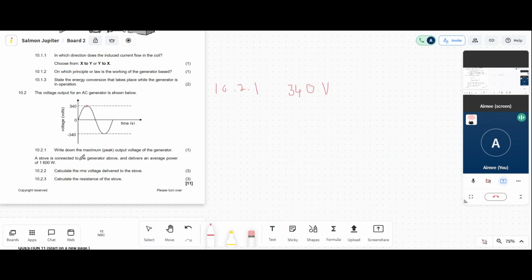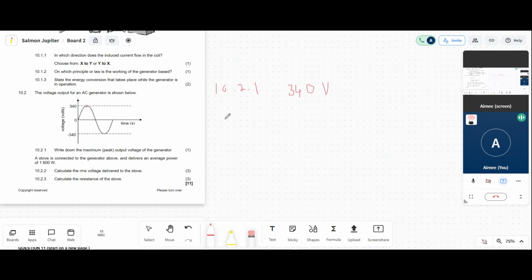10.2.2, so we first say a stove is connected to the generator above and delivers an average power of 1,600 watts. 10.2.2, calculate the RMS voltage delivered to the stove. Okay, so if you've got your formula sheet next to you, you'll immediately see a formula that has VRMS.